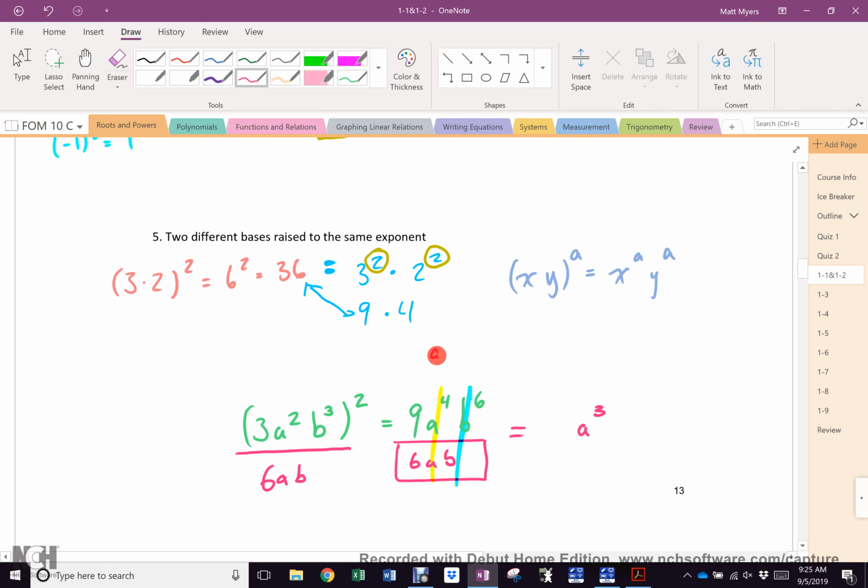There's 4 A's up there, 1 on the bottom, one of them disappears. 3 A's, right? What is the B answer? To the 5th. What haven't we talked about yet? The 9 and the 6, right?